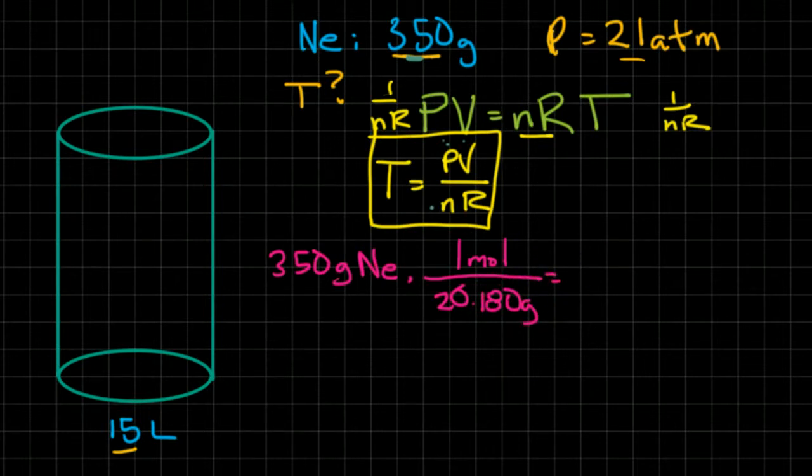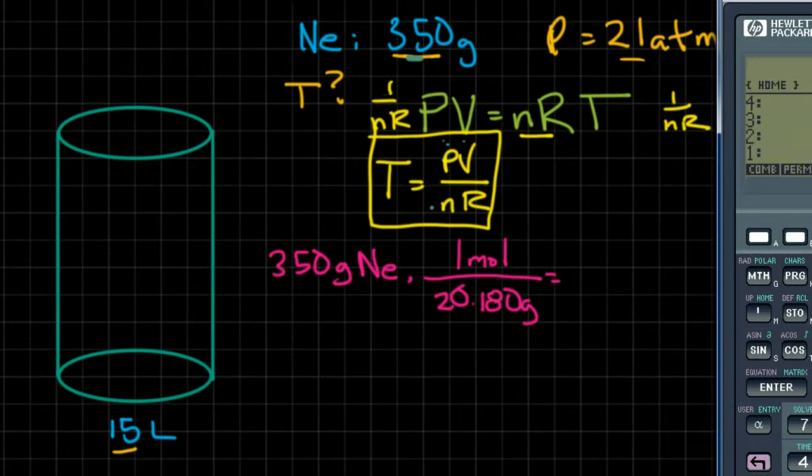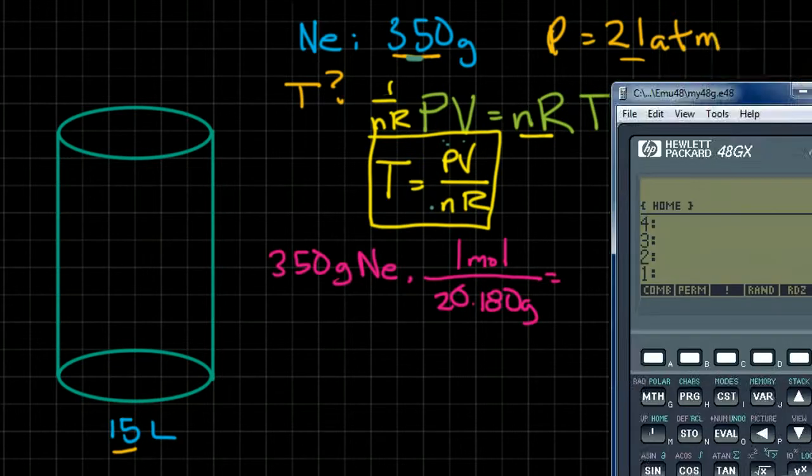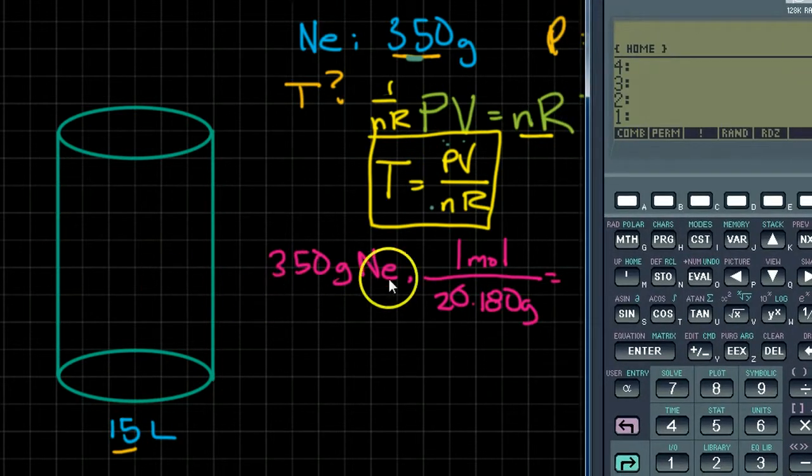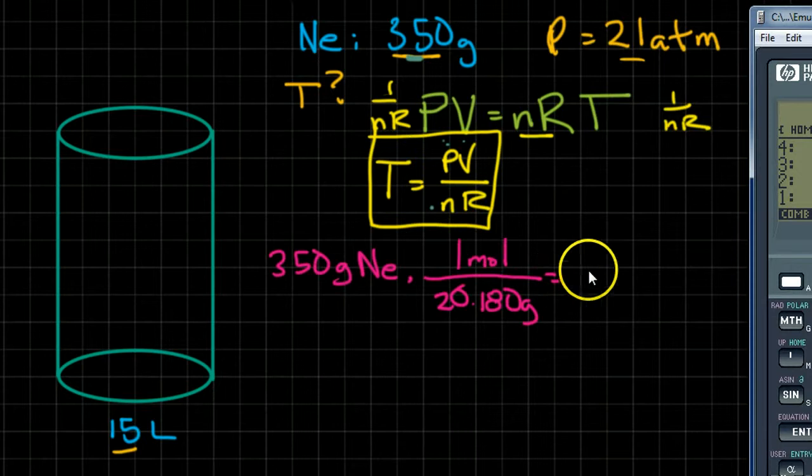Calculator, where are you? Ah, yes, here it is. Okay, 350 grams divided by the 20.180 grams that there are in a mole, and I hit enter, and that comes out to, wow, that's a lot, I guess.